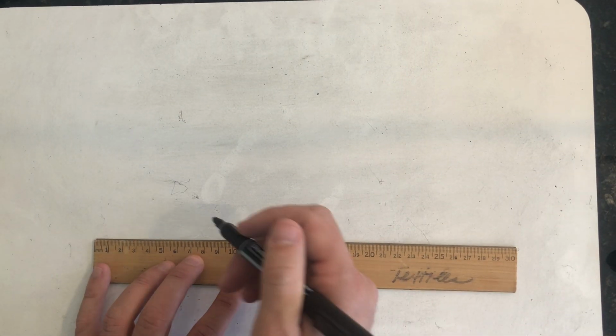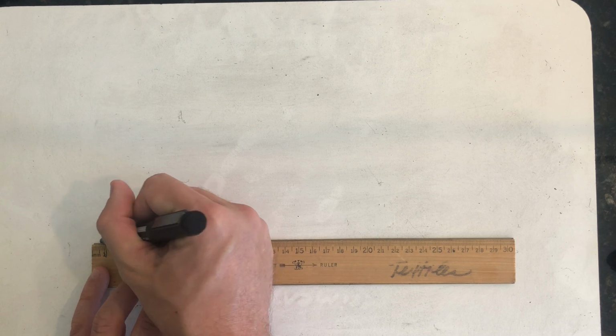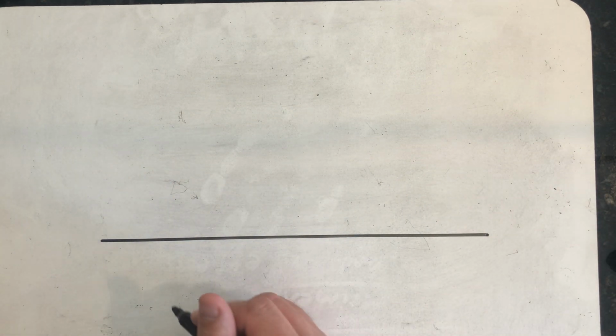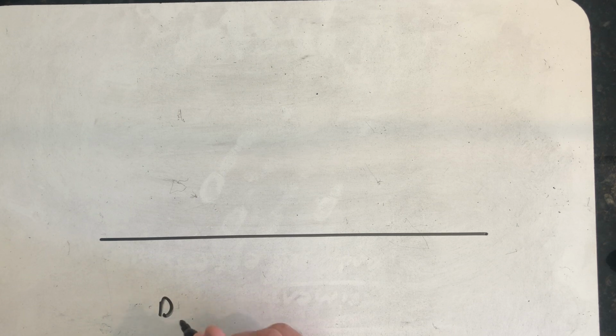I will need a horizontal axis. That horizontal axis will contain a description of the weather.